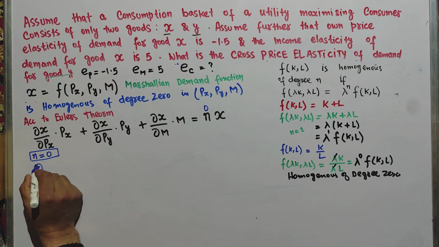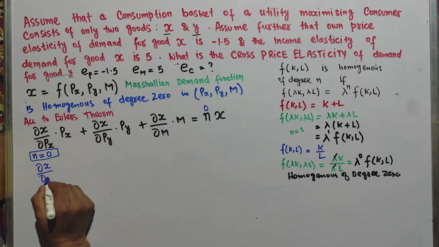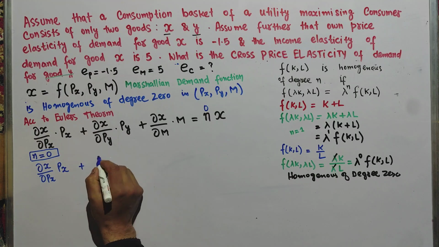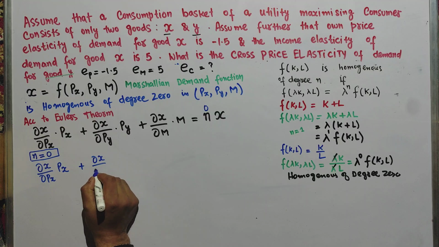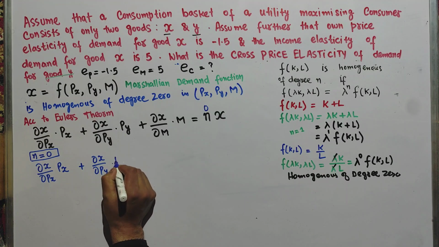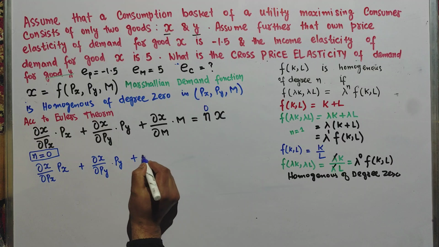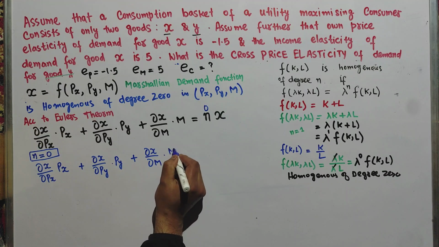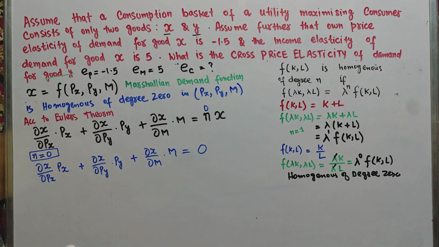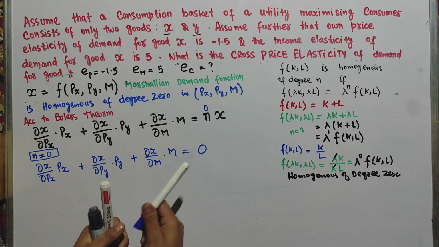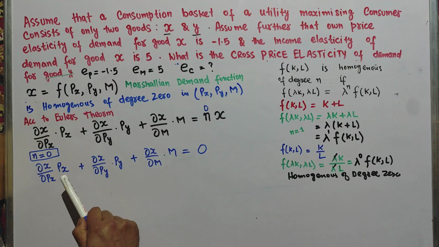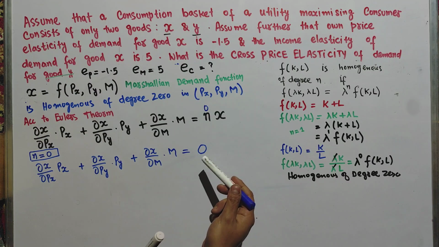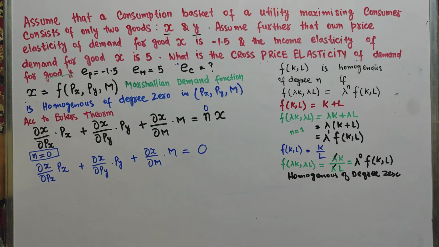That gives us dx upon dpx, these are the partial derivatives obviously, times px, plus dx upon dpy times py, plus dx upon dm times m, is equal to 0. If a function is homogeneous of degree 0, then the sum of these terms should be equal to 0.